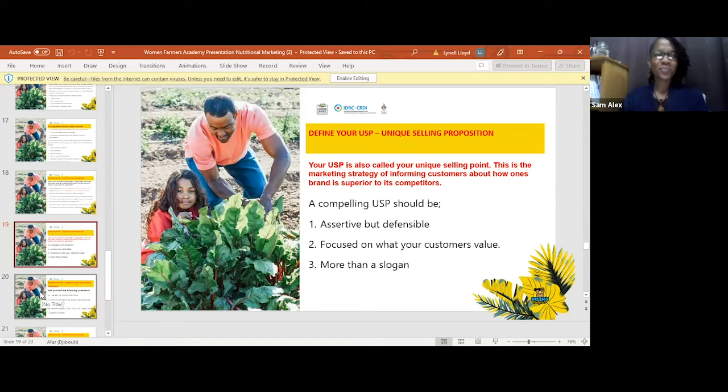They're not going to buy it because you're trying to sell them something that they don't care about, they don't need, because they have it in abundance around them. So you need to ensure that whatever you're highlighting matches the needs of your customers. You're not trying to persuade them about something that they're not interested in and they do not care about. So you need to understand your customers.